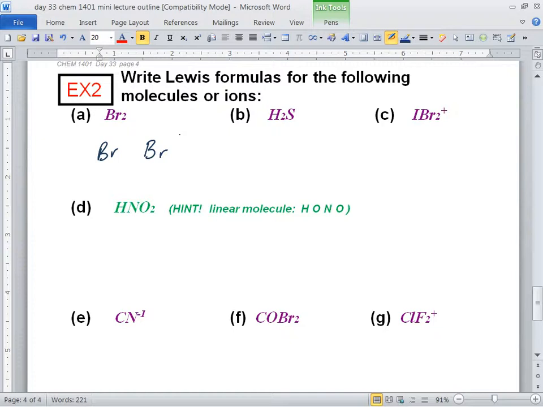You count up all these dots, you better have only how many? Each bromine has how many valence electrons? Look at the periodic table! 7. Each bromine has 7, so you better have a total of 14. So that's the next thing I do. I have to have a total of 14 valence electrons.